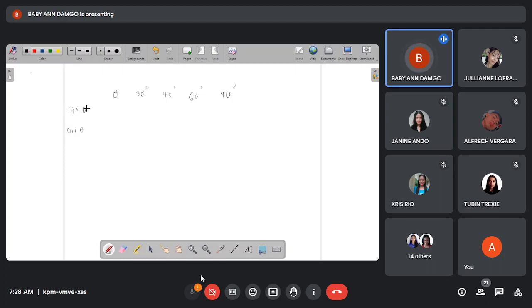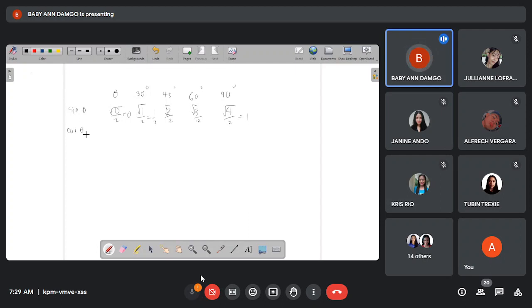Please take note, you must write the sine row first in the table. Otherwise, your results will be reversed. Okay, so the technique, class, is first write 0, 1, 2, 3, 4. Square root, square root, square root, square root, square root. Divide by 2, divide by 2, divide by 2, divide by 2, divide by 2. Simplify, this is 0. This is 1 half. And this one is 1.